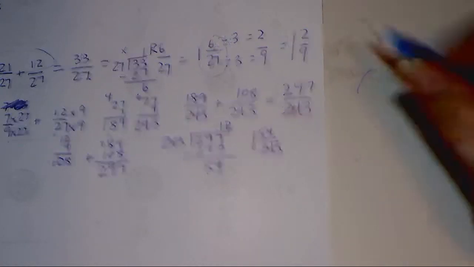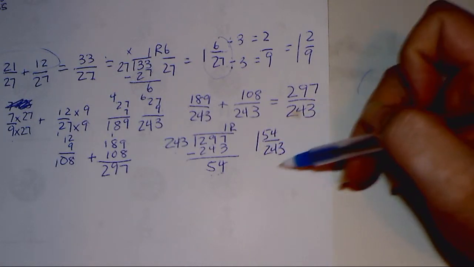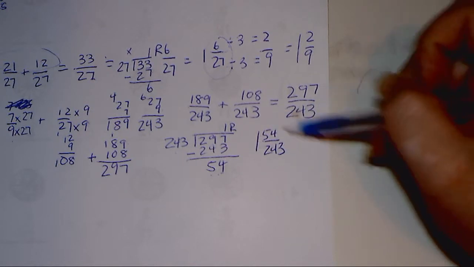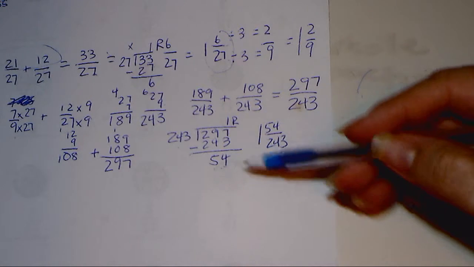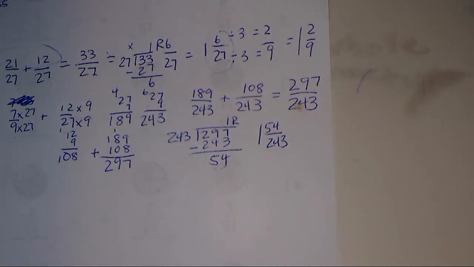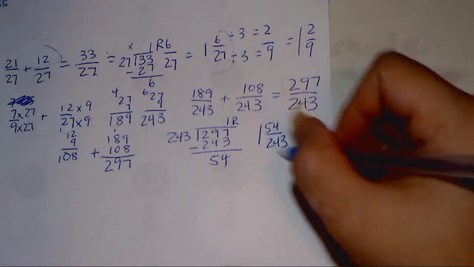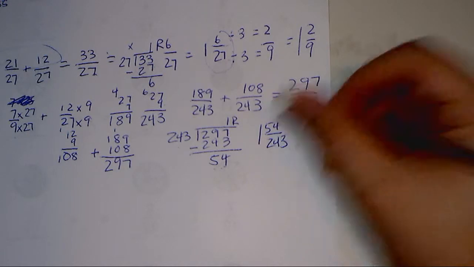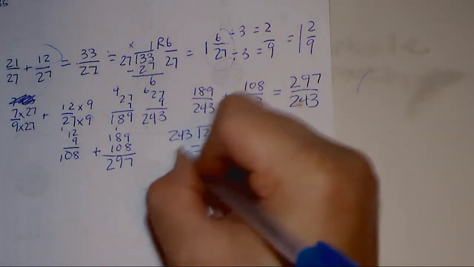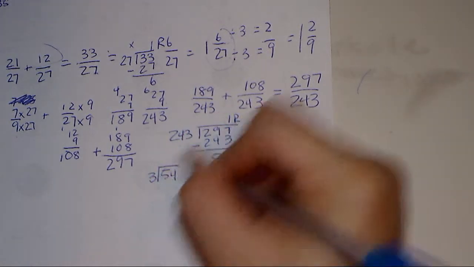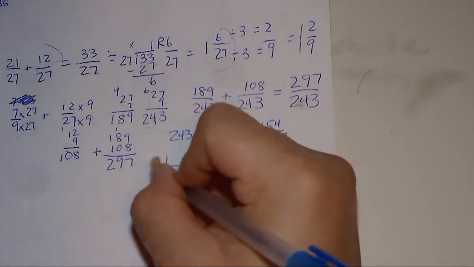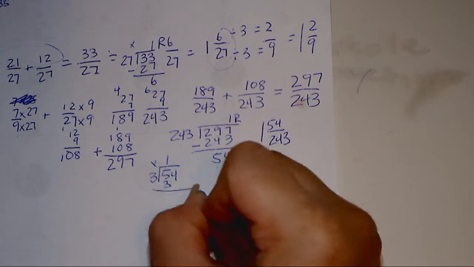So a lot of students might look at this big number and think, oh, that's not divisible by anything. But like I said, they should at least try 3 or 2. Okay? In this situation, because both of them are not even, I'm going to try 3. So 54 divided by 3 goes into there once. 1 times 3 is 3.